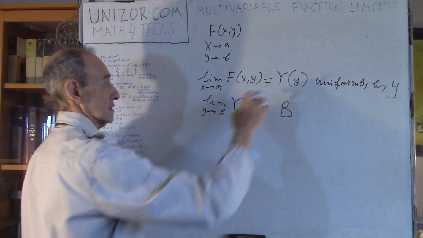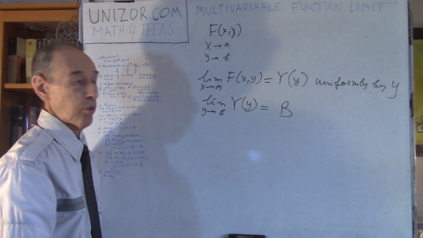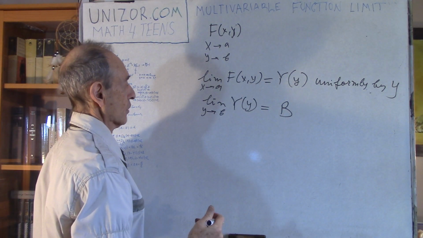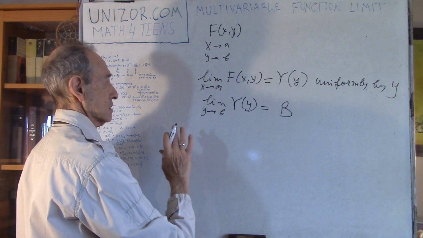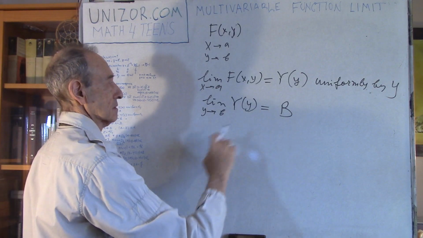But this now is a function of y, and we have a normal pointwise convergence. So this is normal. There's no such thing as uniformity in this particular case.